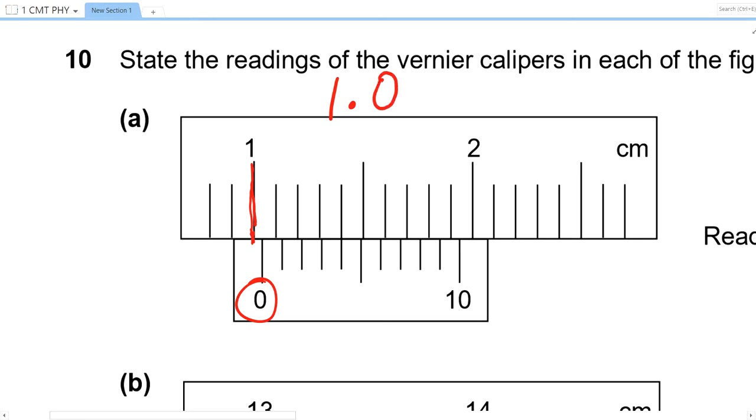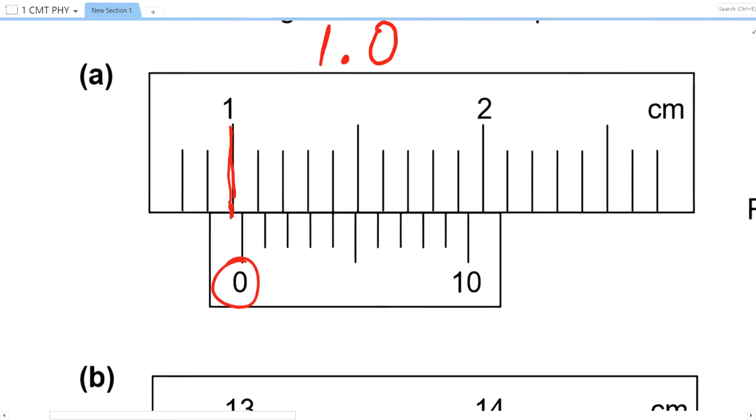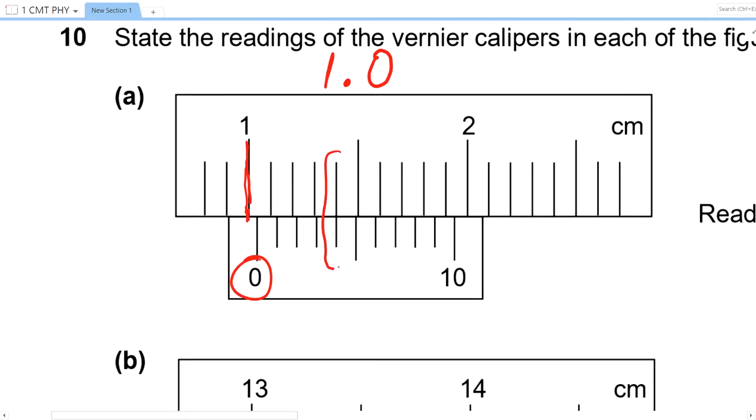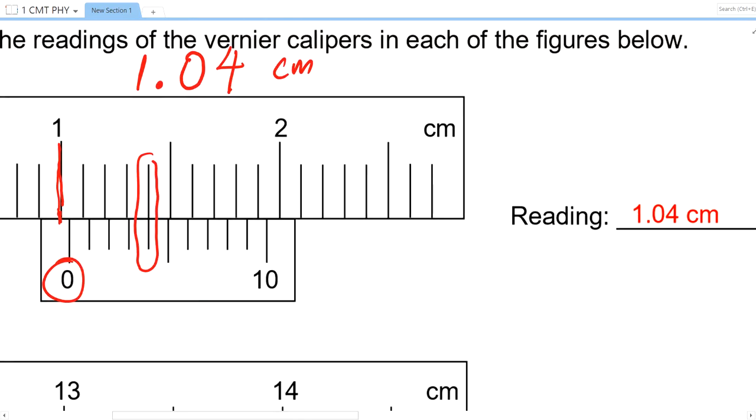Because if the zero was just after this, it would have been 1.1, right? This will be 1.2, so on and so forth. This is 1.7. So if it is at this line, it will be 1.0 something. What is that something? Find the matching line. Is this the one? Okay, so 1.04 cm. You need the units. 1.04.